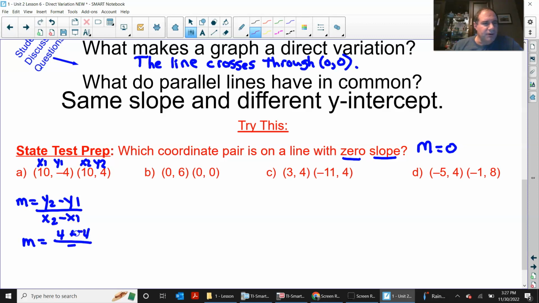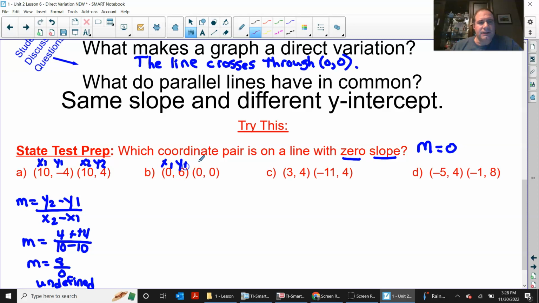So that's 4 plus 4. You're not going to get a slope of 0. On the bottom, it's 10 minus 10. So 10 minus 10 is 0. So this is 8 over 0. But that is not 0. Please don't get fooled. That is undefined. So that's an undefined slope. So that one doesn't work.